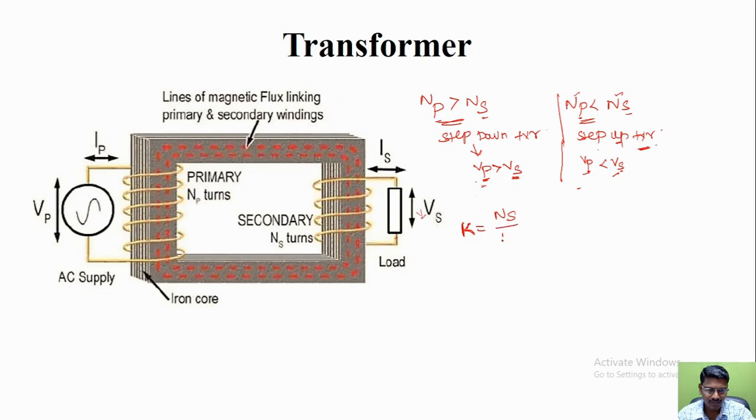Ns divided by Np. Ns means secondary number of turns divided by primary number of turns, is equal to Vs divided by Vp, secondary voltage divided by primary voltage, which is equal to Es divided by Ep, that is secondary induced EMF divided by primary side induced EMF, which is equal to Ip divided by Is, that is primary current divided by secondary current, right?